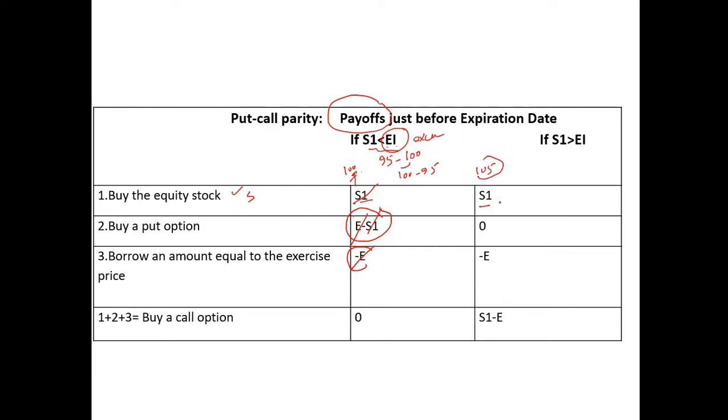And in this case, if the stock price is greater than the exercise price, the put option is worthless because one can sell at a higher price. So that is why S1 minus E1 is the call option value. It means that the value of a call option should be at least the stock price minus the exercise price.